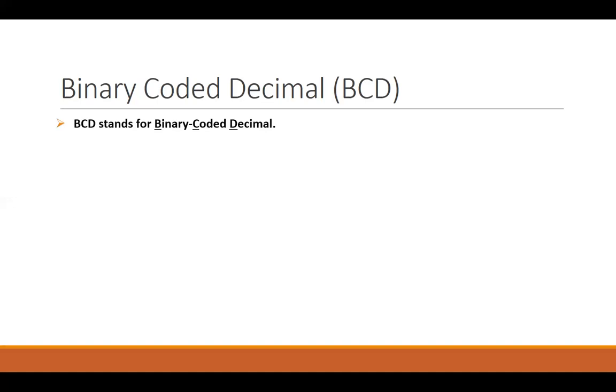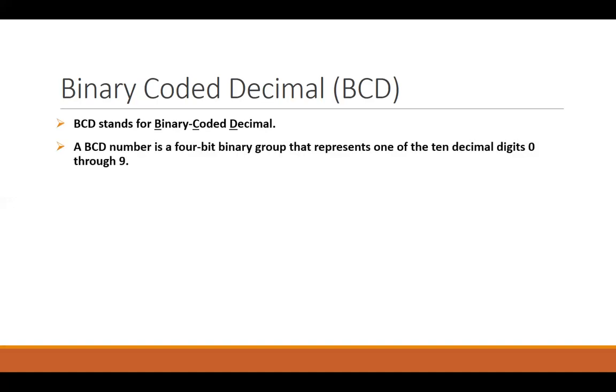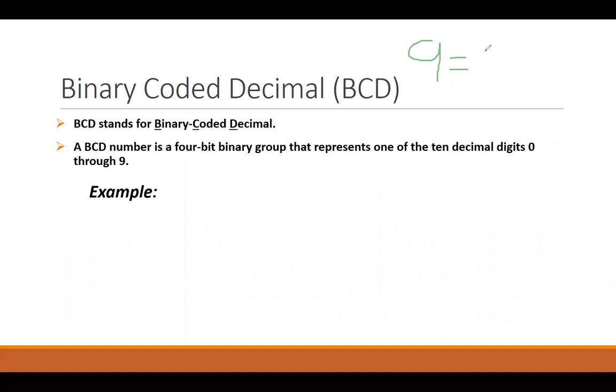Now, in BCD, each number is represented by a group of 4-bit binary. You might remember that the largest denary digit is 9, and 9 can be represented in 4 bits.